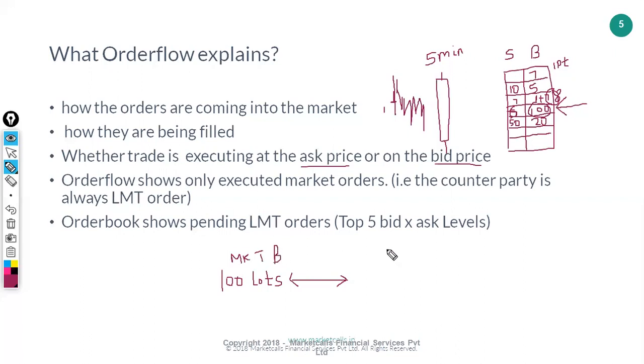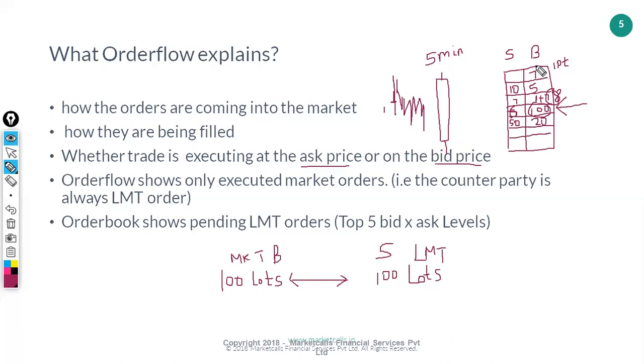The counterparty is nothing but a seller who has a limit order, who already placed a limit order of 100 lots in the order book. So that is how each and every contract is matched. So every contract has a buyer and a seller.